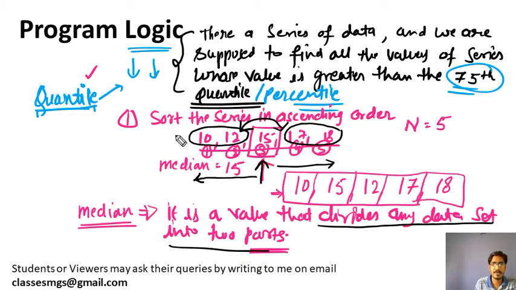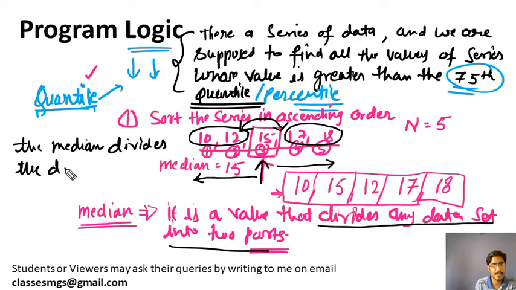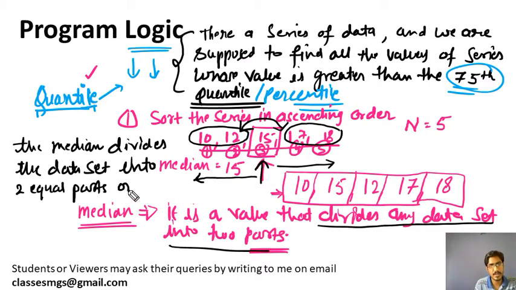Okay, and this is known as the median. The median divides the data set into two equal parts, or we can say two quantiles.